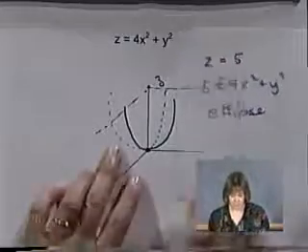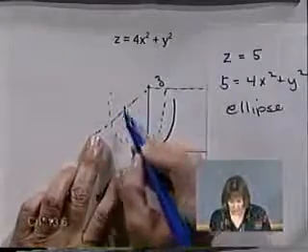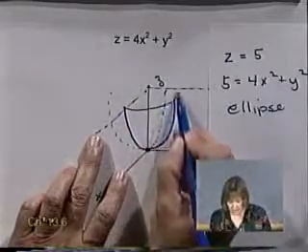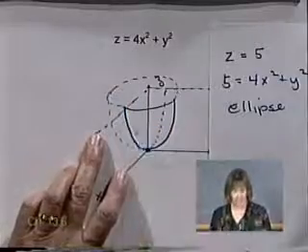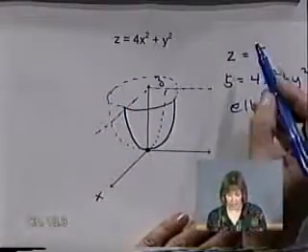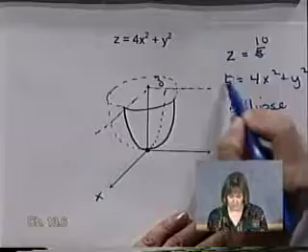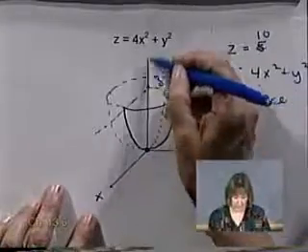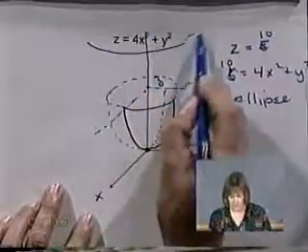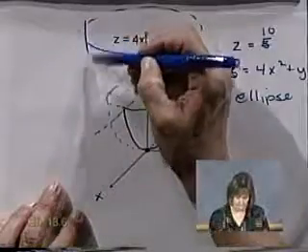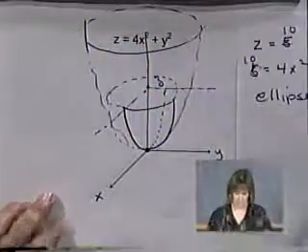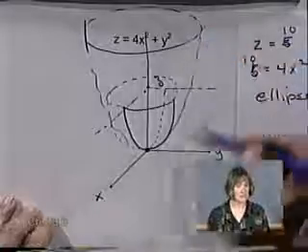It's an ellipse. So if I slice it at z equals 5, what I'm getting here is an ellipse. Now if I slice it a little bit higher, maybe like z equals 10, I'm just going to get another ellipse, but it'll just be bigger. And do you see what this thing looks like?